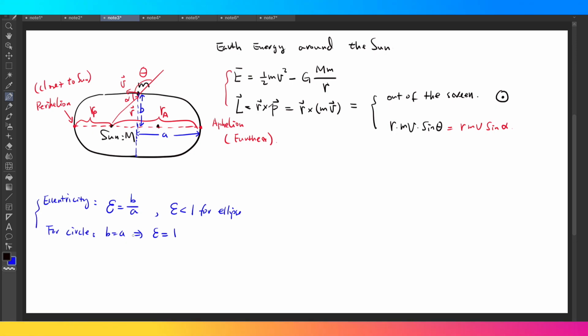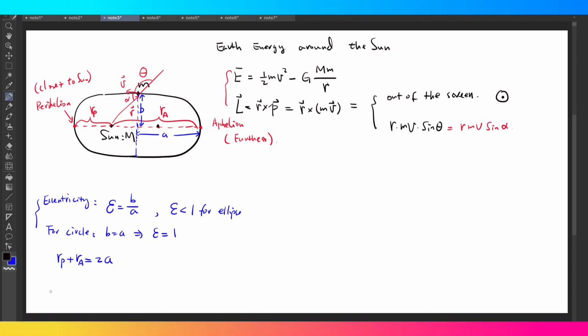Now with that definition, we can represent RP and also RA in terms of A. Actually just in terms of A. Okay, so let me show you how. Because RP plus RA equals 2A, right?